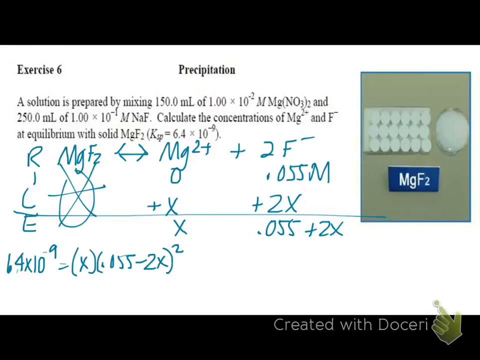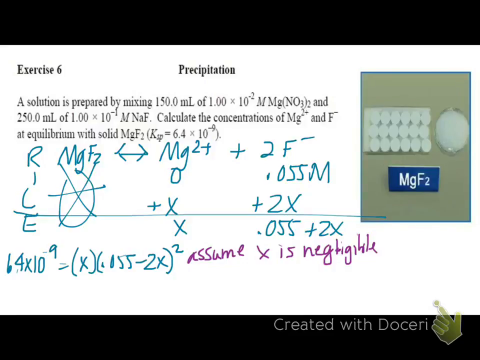Okay, so we still have a relatively high concentration, so I'm going to write this down, assume x is negligible. Better not abbreviate that. Why can't I spell negligible? Okay. So we're going to assume that's negligible.